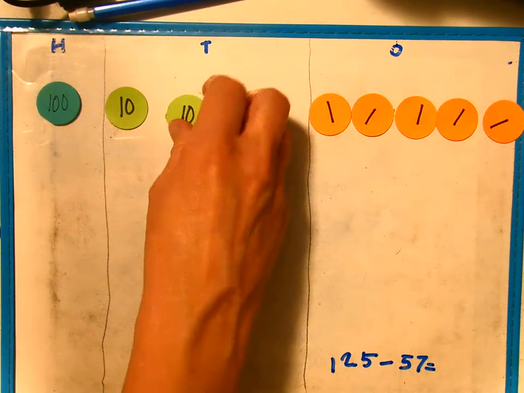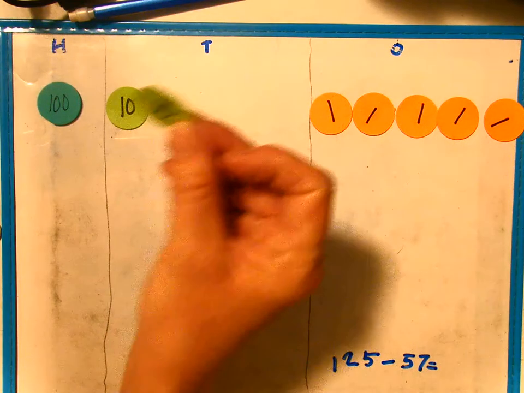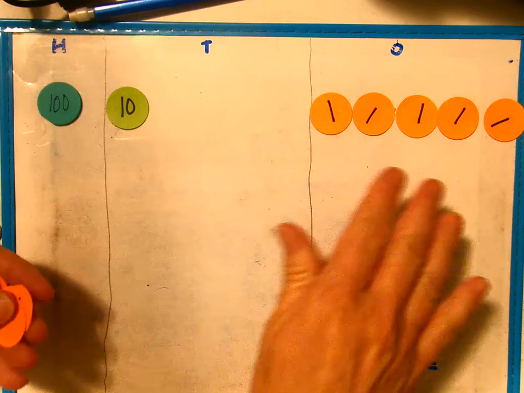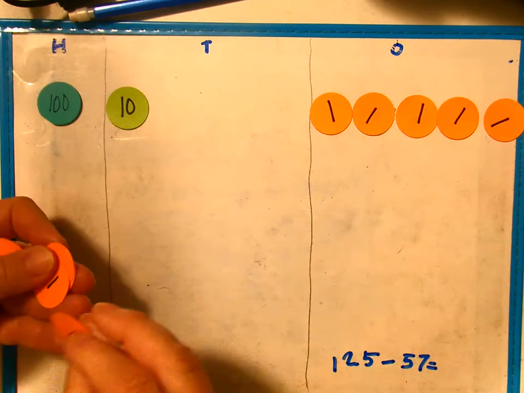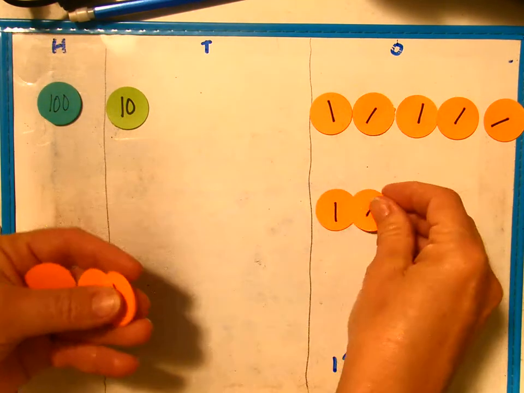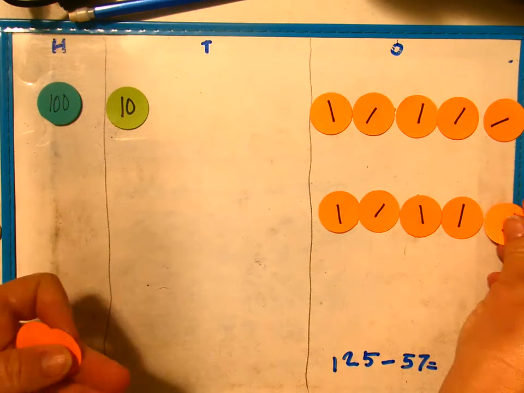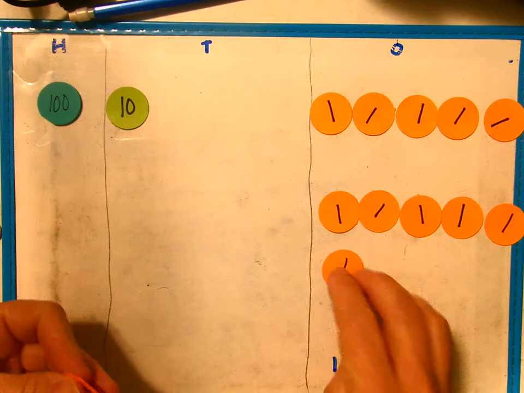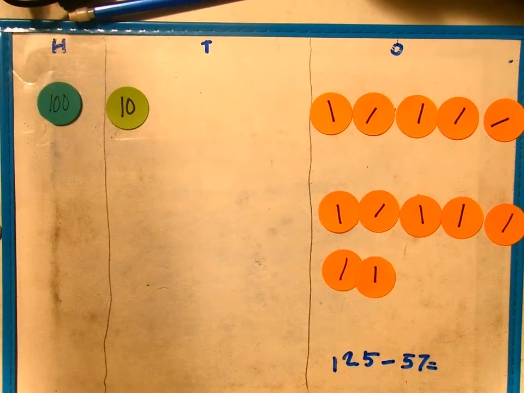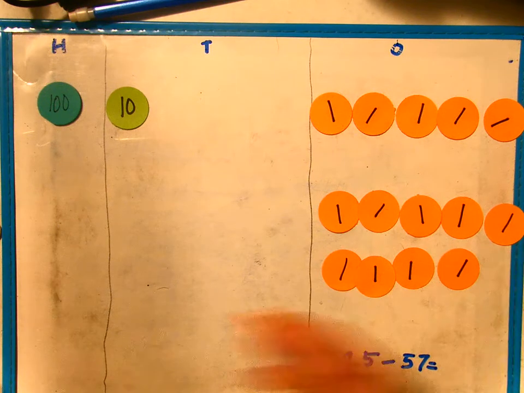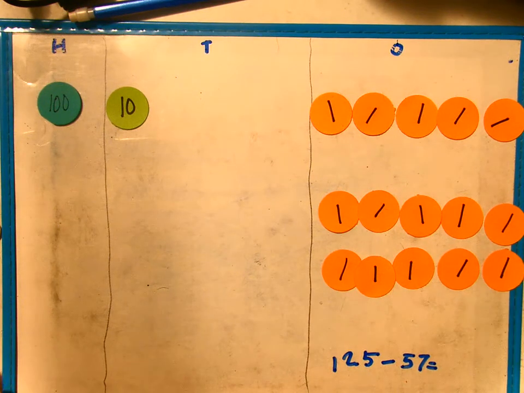I'm going to decompose or unbundle this 10 and turn it into 10 ones. So I have 1, 2, 3, 4, 5, 6, 7, 8, 9, 10.